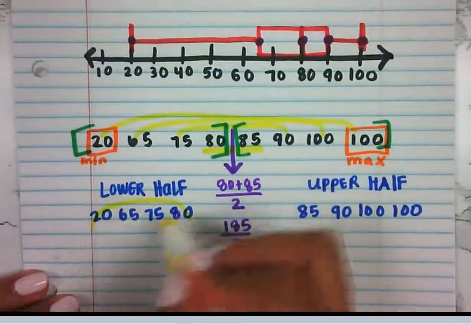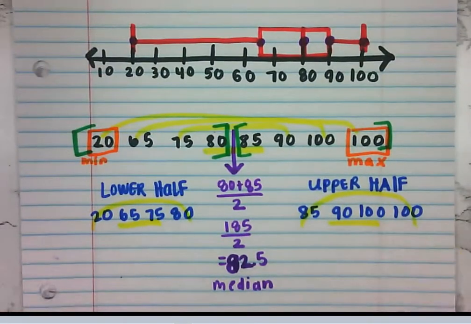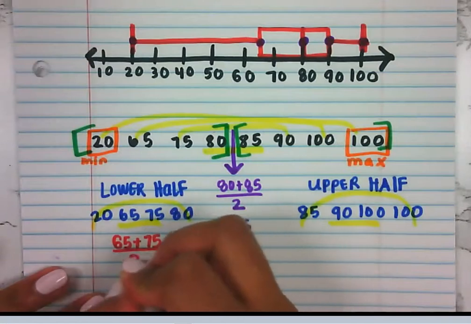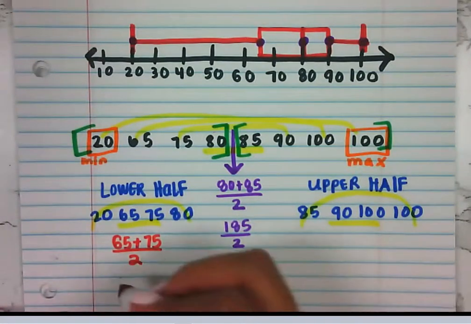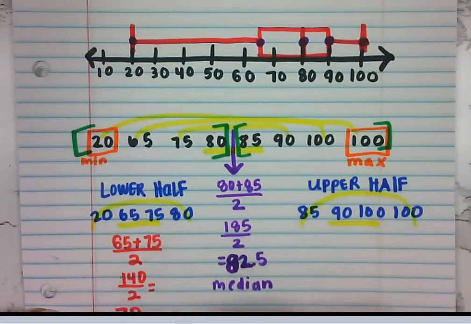Well, I can cross this out. I'm left with 2 in the middle. I can cross this out. I'm left with 2 in the middle. So we're going to have to do some adding and dividing by 2. So 65 plus 75 divided by 2. 65 plus 75 is 140. 140 divided by 2 is 70. So 70 is my quartile 1.